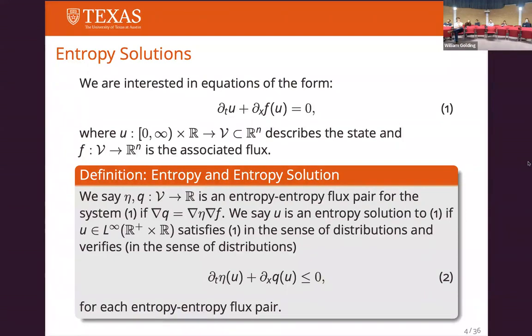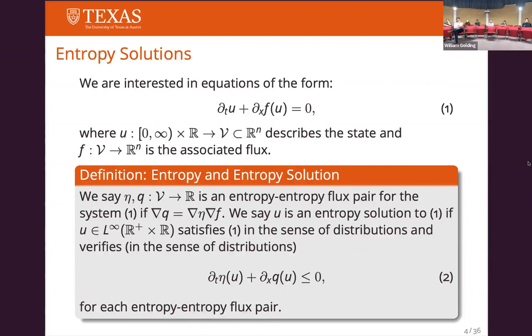But there's also difficulties when you go to systems. Systems are physically relevant because the Euler equations describe the momentum moving around, conservation of momentum, which in higher dimensions is very much a system, let's say. And so for systems, the difficulty is, well, you lose maximum principles, for sure. And the other thing you lose is the fact that this is no longer a trivial condition.